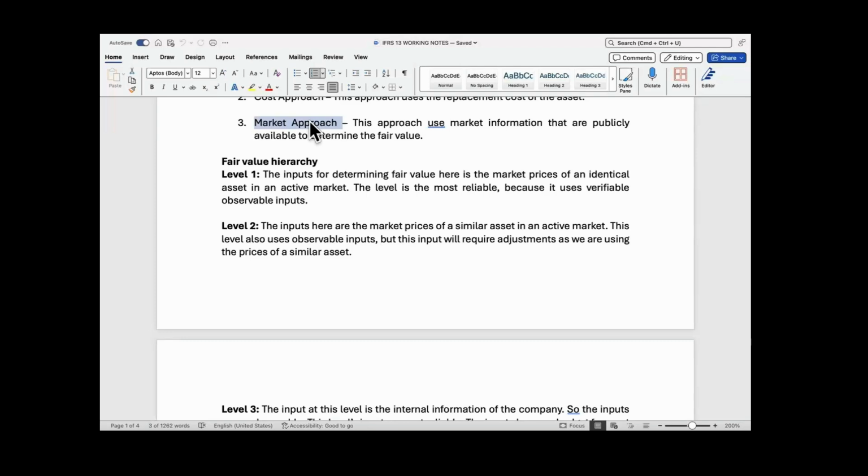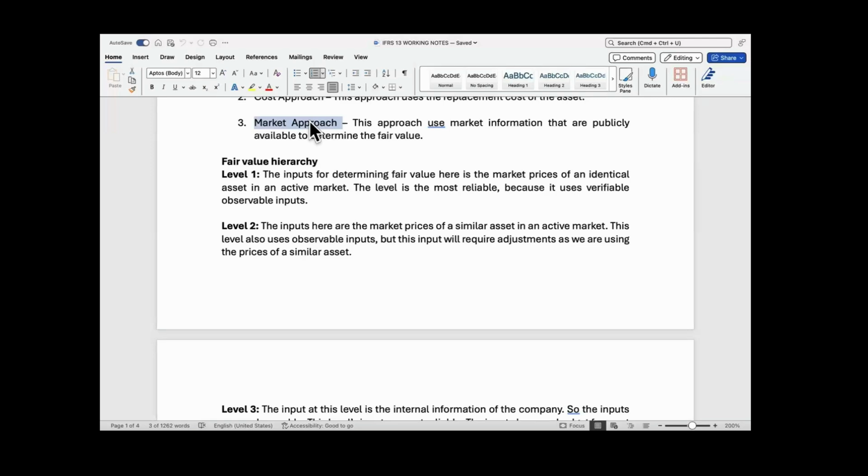For example, you want to get the value of your shares in Glow. Glow is not quoted, so there's no way you can use level one input. Then in that case, you can use level two input. So level two input is saying that, why don't you get a similar asset, then use the market price for that?